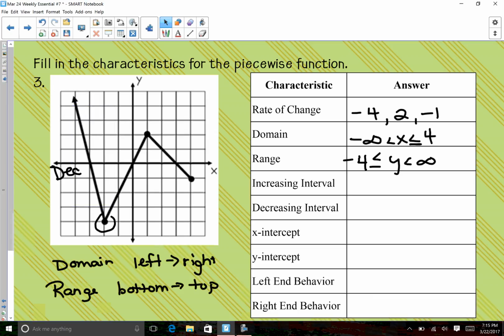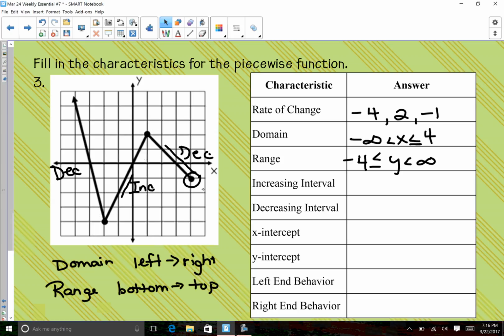If I continue to trace, notice now my pen is going up. So this piece is increasing. And I go up until I hit this point. I stop. Then I continue to trace, and notice now my pen is going down. That's decreasing. So I have 2 decreasing intervals and 1 increasing interval.